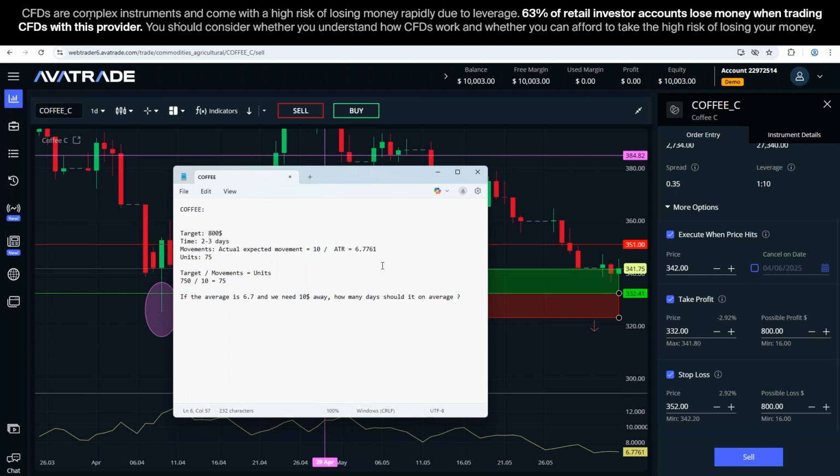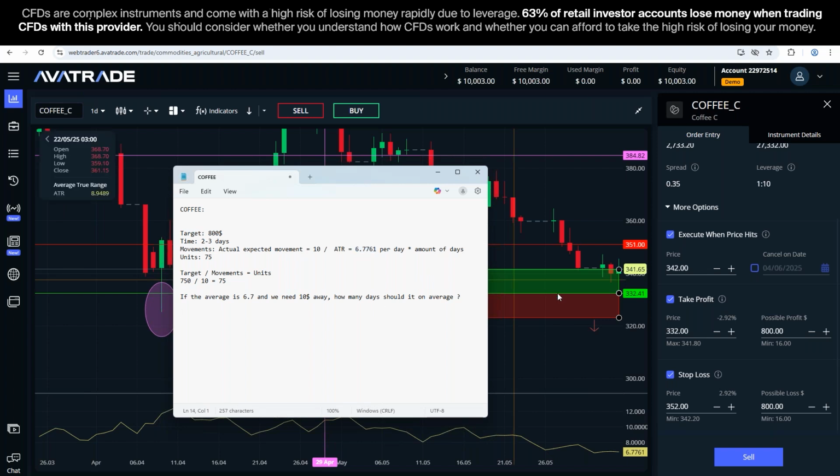This is what it can move per day, so hypothetically, it can move this times X amount of days. If this were a guaranteed movement for coffee in one direction, I could expect coffee to make $67 in 10 days. That is insane, right?